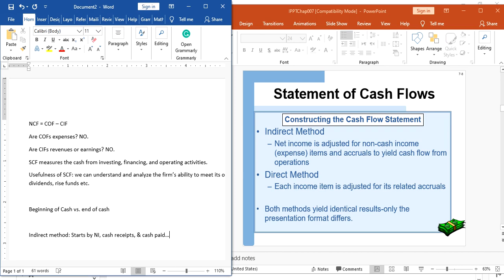So that's how it would be stated, this method. Okay, indirect method.